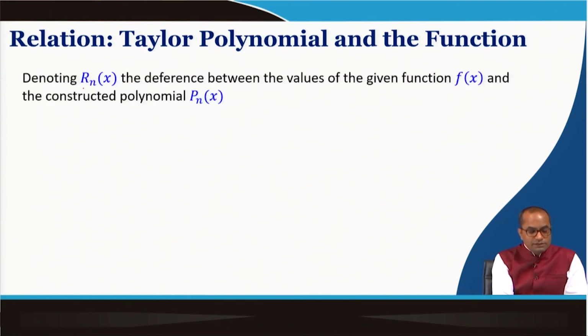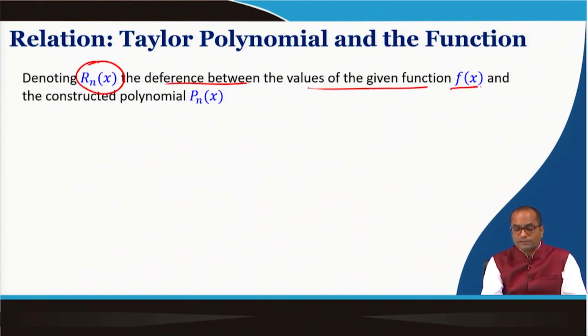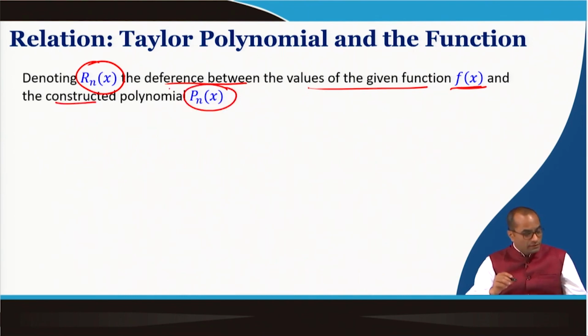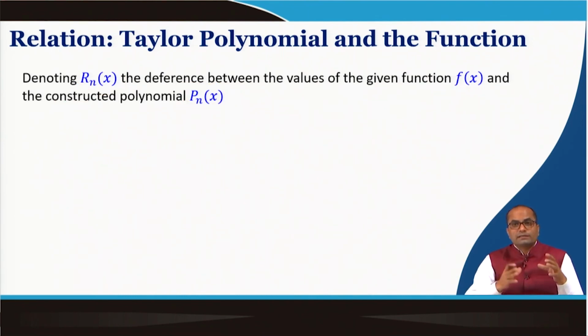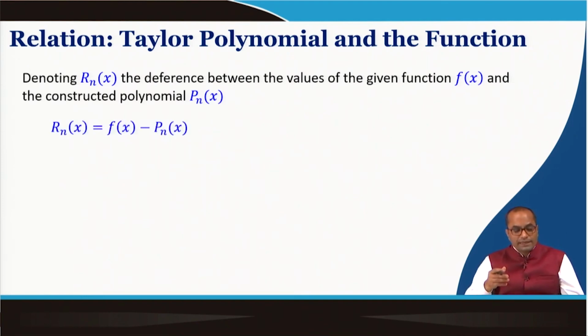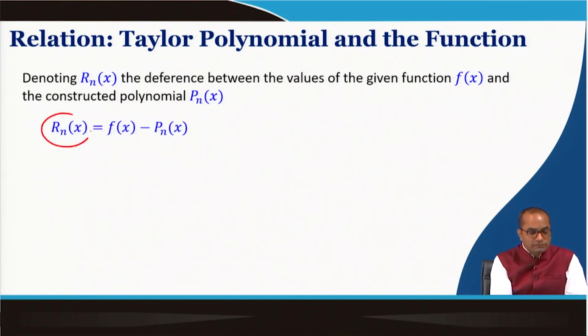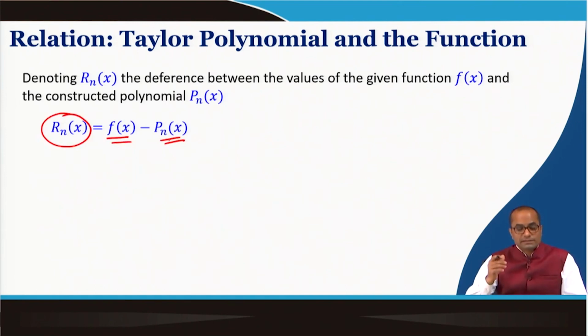So here we denote Rn(x) as the difference between the values of the given function f(x) and the constructed polynomial Pn(x). This Rn(x) we call the remainder. So this is basically the error between the function f(x) and the polynomial Pn(x).